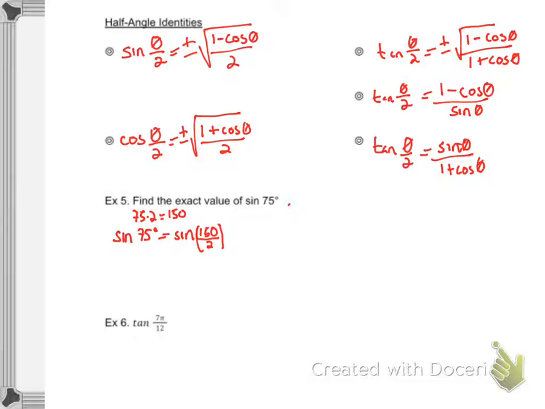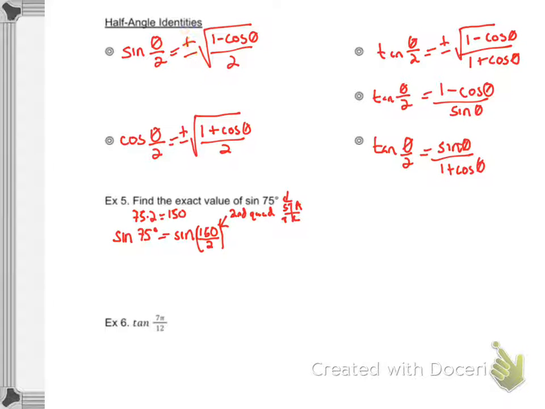So now we know that this value, 150 degrees, is in our second quadrant. And so when you look at that, all students take calculus. That's where sine's positive. So as we do this, we don't need the plus or minus up here in this one because we know it has to be positive.